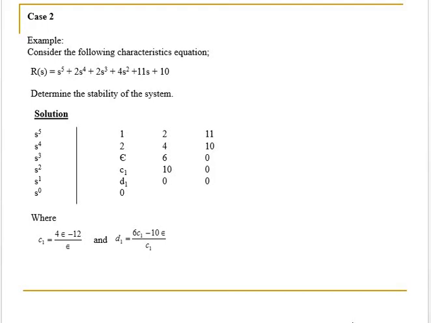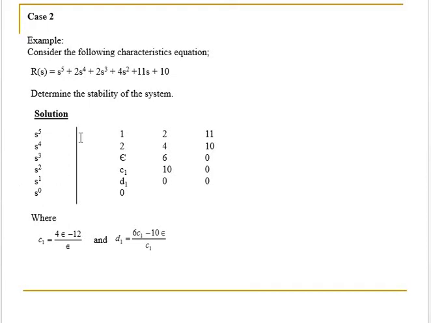Consider the following characteristic equation: Delta(s) = s^5 + 2s^4 + 2s^3 + 4s^2 + 11s + 10.